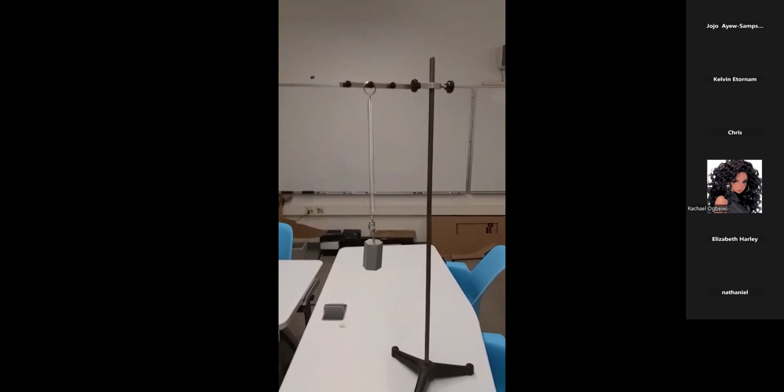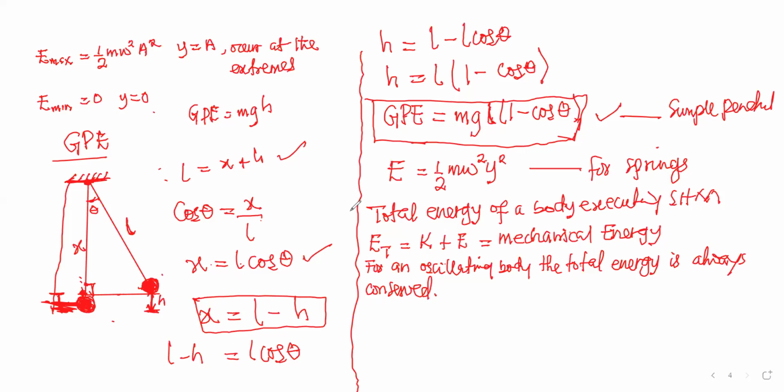Okay. So let's go back to our discussion. Please, if you have any question to ask after the video, you can do so. Now, when a body is oscillating, its energy is not lost. Let's pick the motion of a simple pendulum.